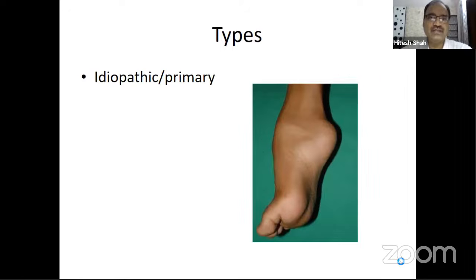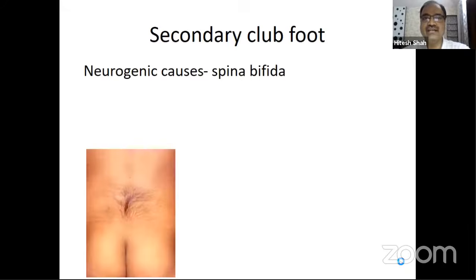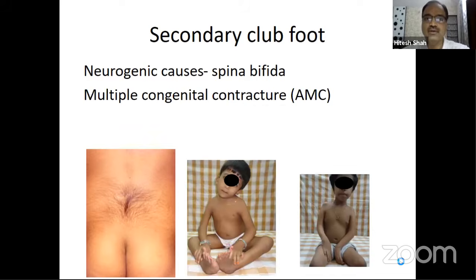Very common is the primary idiopathic clubfoot. When it happens without any associated syndrome or secondary problem, it is the primary idiopathic clubfoot. And what about secondary clubfoot? Very commonly there is spina bifida. So always look at the clinical examination of the spine, a tuft of hair or a palpable defect on the back, to find out whether it is associated with spina bifida or spinal dysraphism.